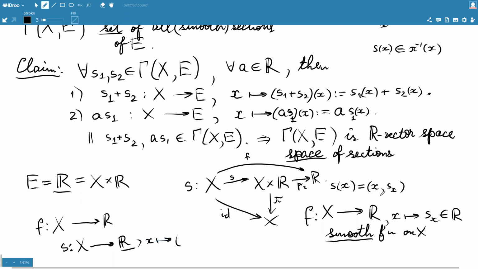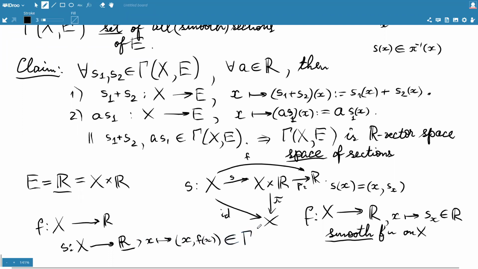The first element of this pair should be X, and the second element should be f of X. It lives in R, so the pair lives in the trivial bundle. And this will be, of course, a smooth section.